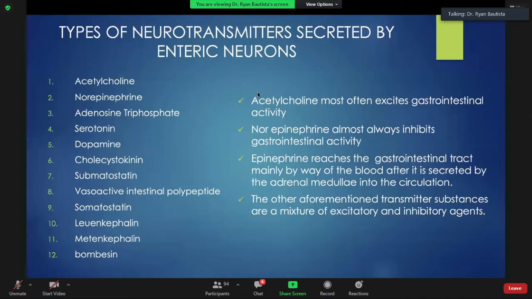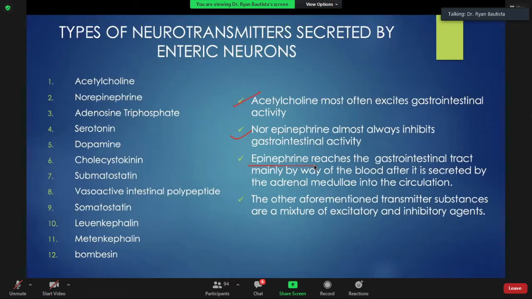For sympathetic, it's norepinephrine. But if epinephrine is secreted in your GI tract, which comes from your adrenal medulla, not cortex, okay? It also inhibits your secretions and peristalsis. The other aforementioned transmitter substances are a mixture of excitatory and inhibitory signals.